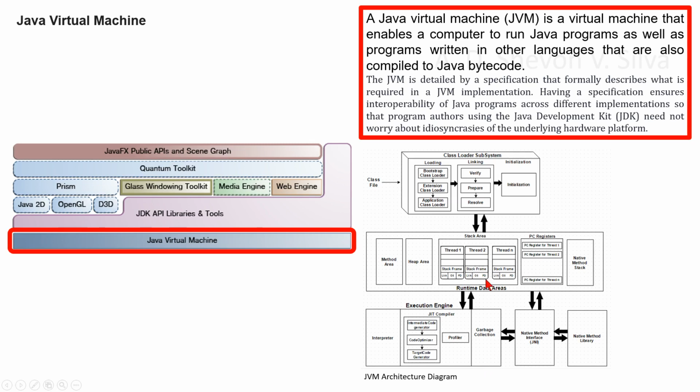Class loader subsystem. Java's dynamic class loading functionality is handled by the class loader subsystem. It loads, links, and initializes the class file when it refers to a class for the first time at runtime, not compile time. Loading: classes will be loaded by this component.